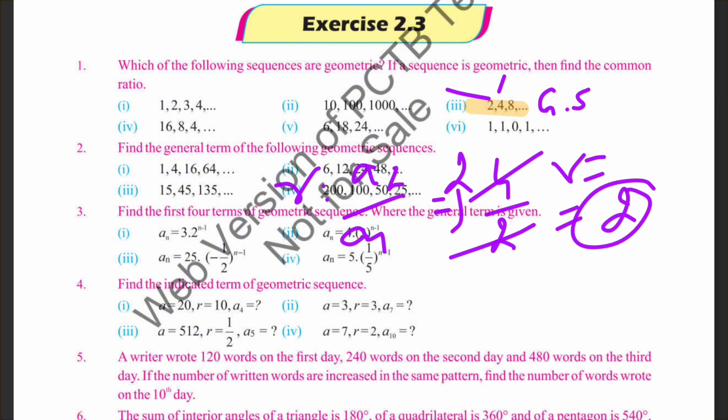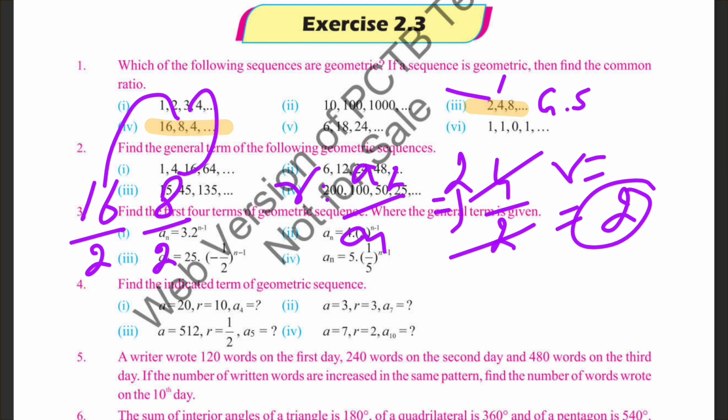Okay, next. Here we check, 16 is the first term, and we divide by 2, we obtain the next term 8. And 8 divided by 2, the next term is 4.